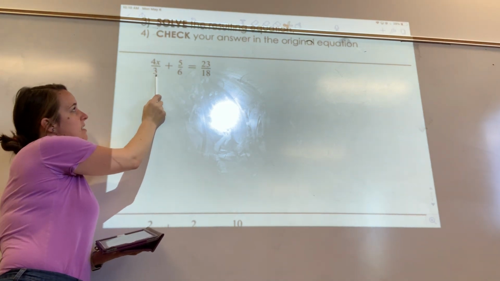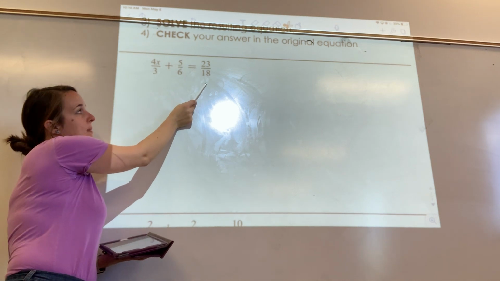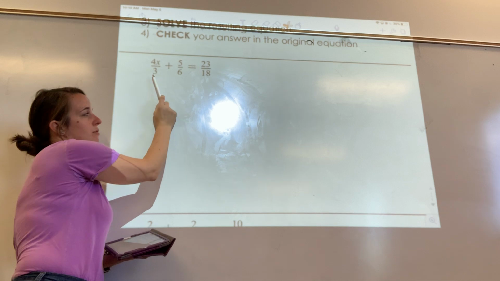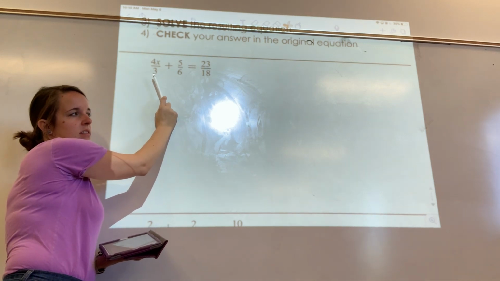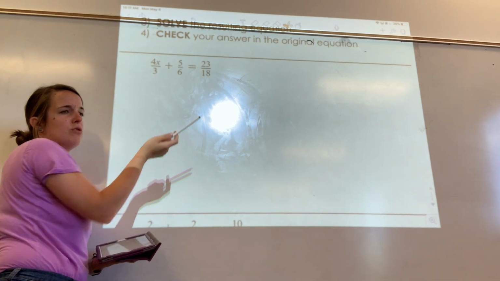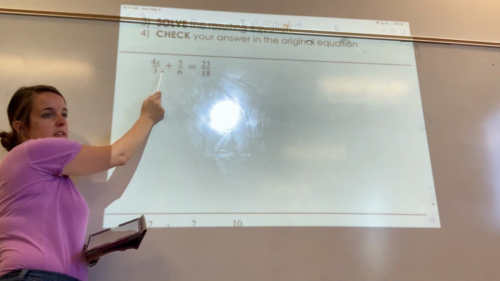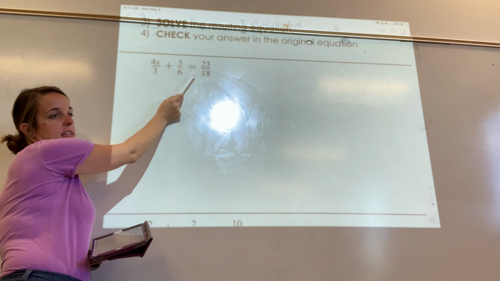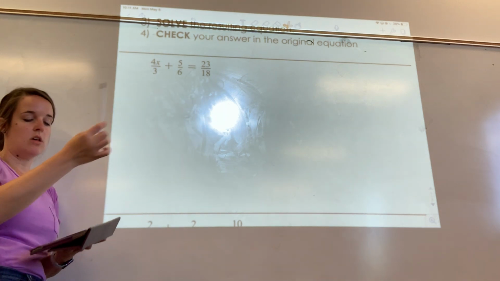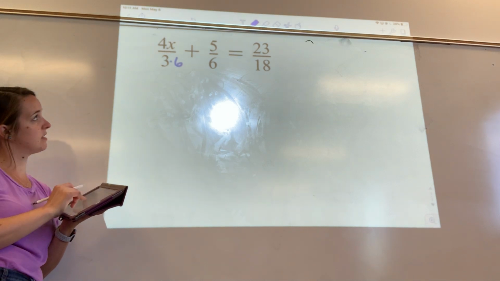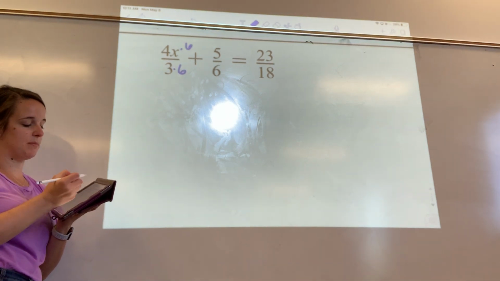Well, 3 is the smallest number that goes into them, but I need a number that they can all make. Like 18 can't make 3. We could use 18, right? Because 3 times 6 would be 18, and 6 times 3 would be 18, and 18 times 1. So in order to make these the same, I would multiply this one times 6, which means I also have to multiply the top times 6.